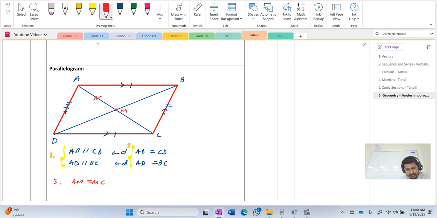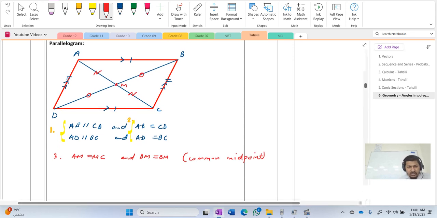And M is also the midpoint of line BD, and DM equals BM. So we have a common midpoint. In other words, diagonals bisect each other in a parallelogram.